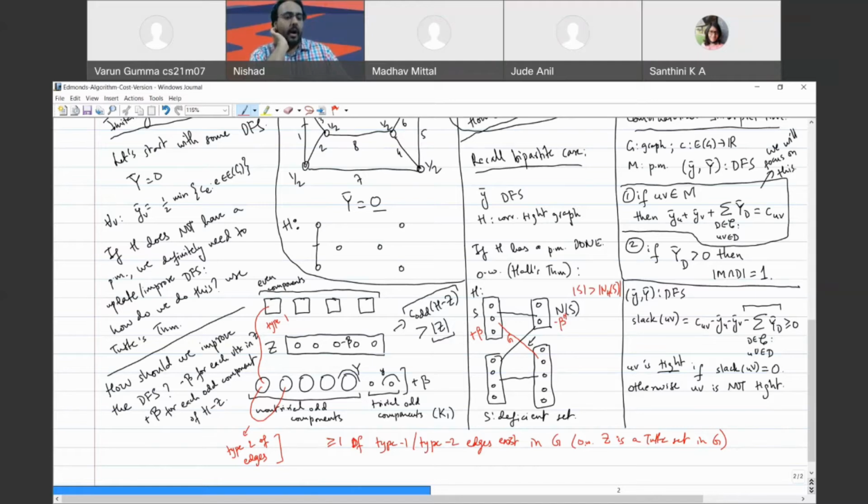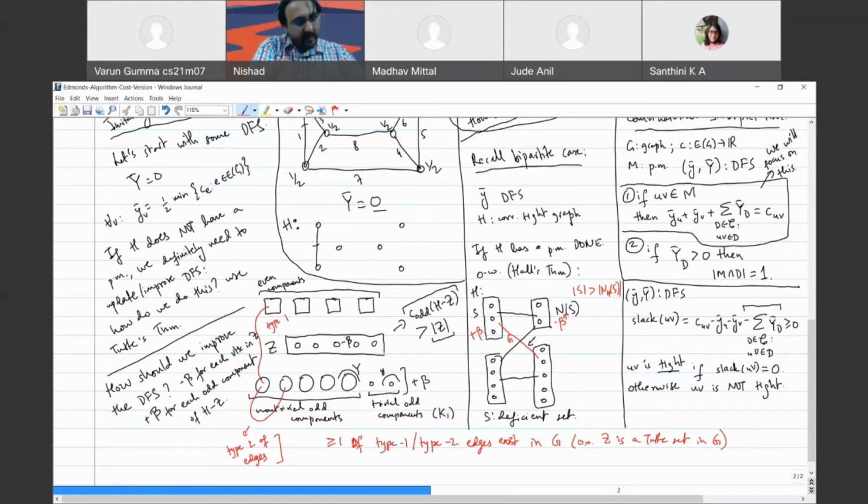So now how should we do it? We want to look at the slacks of type 1 and type 2, but do we just take the minimum of the slack or do we have to be slightly more careful in choosing our beta, right?